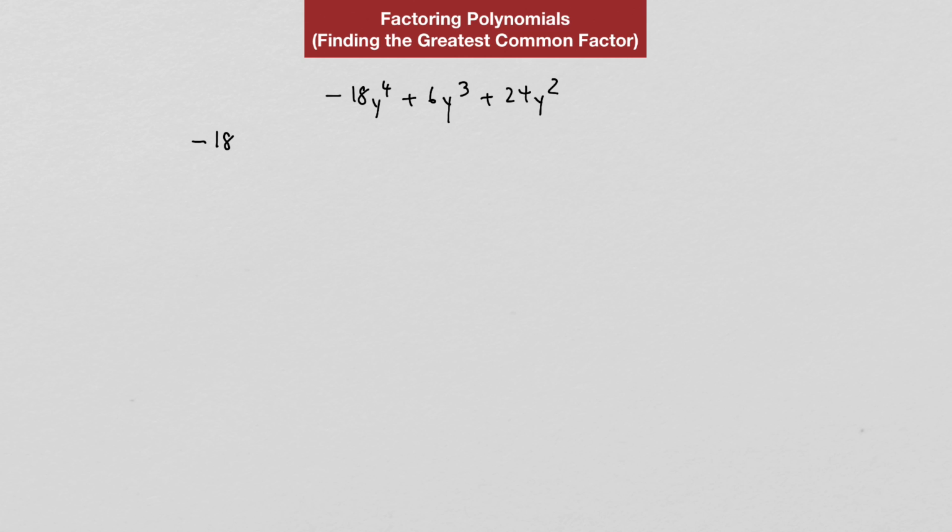When we're dealing with a negative number, especially when the leading coefficient is negative, we want to factor out a negative 1. So here's what we're going to do: we're going to factor out a negative 1. This becomes positive when we do that.